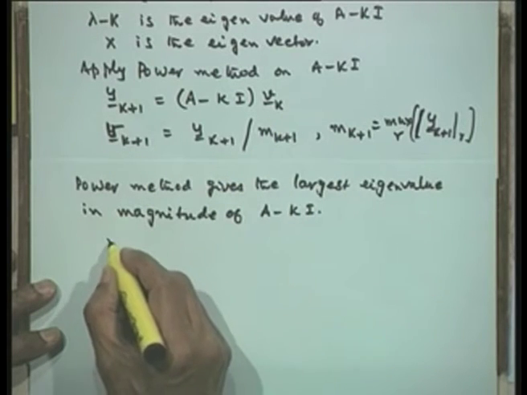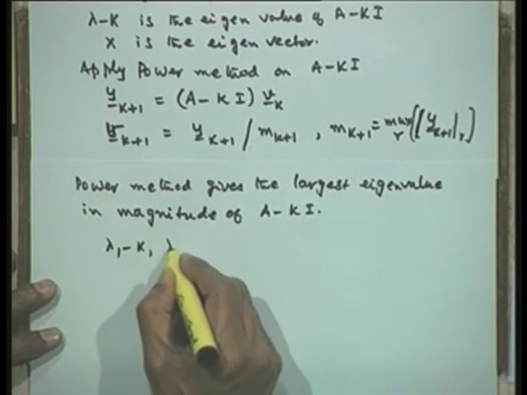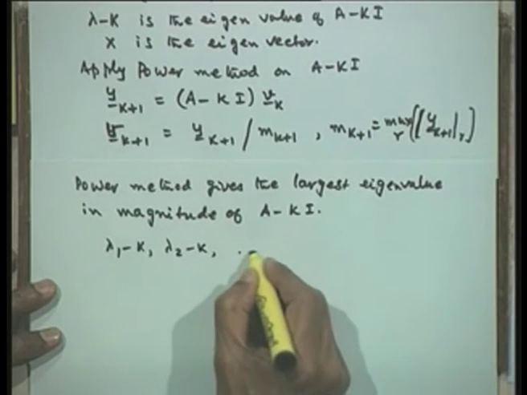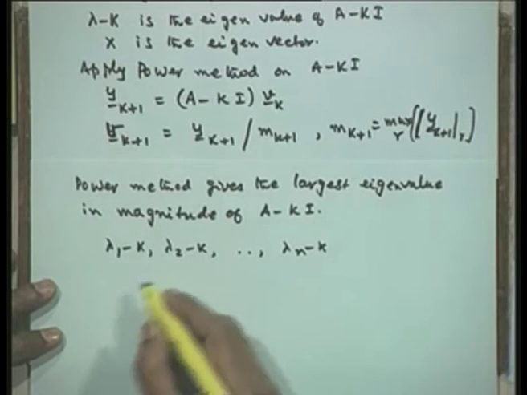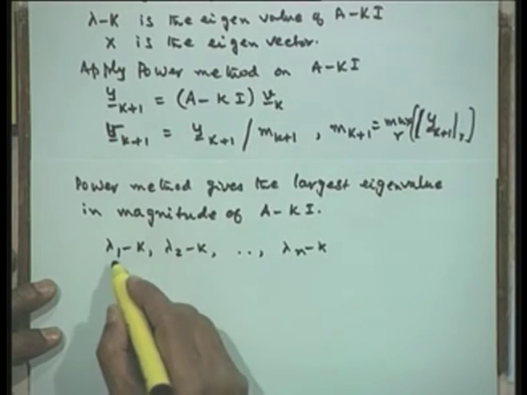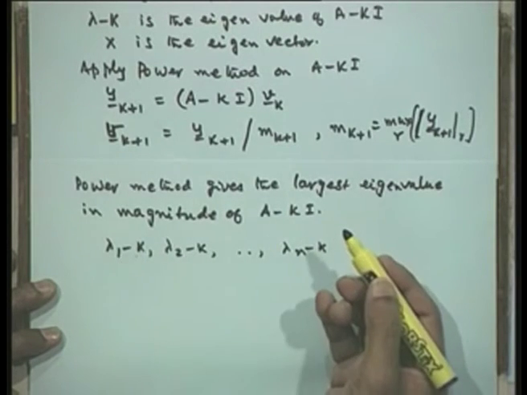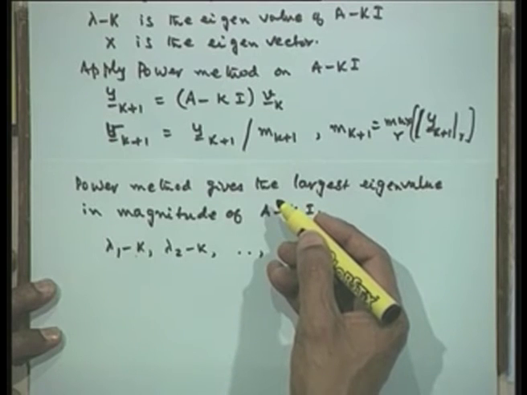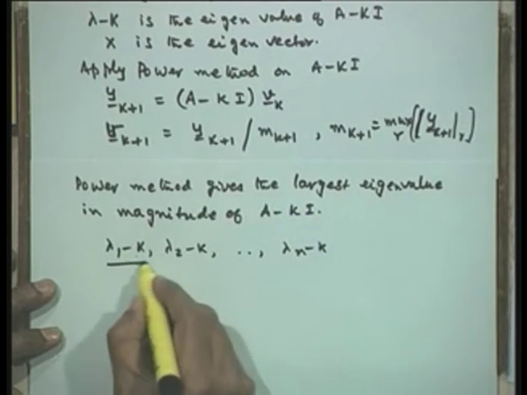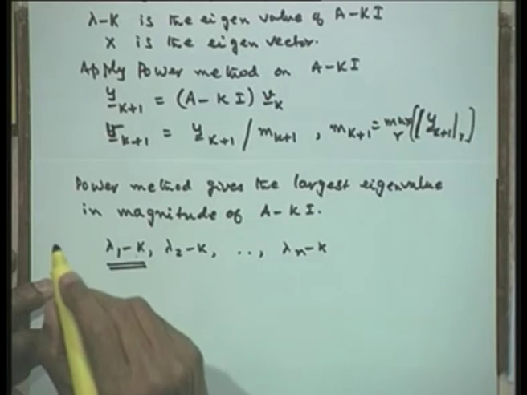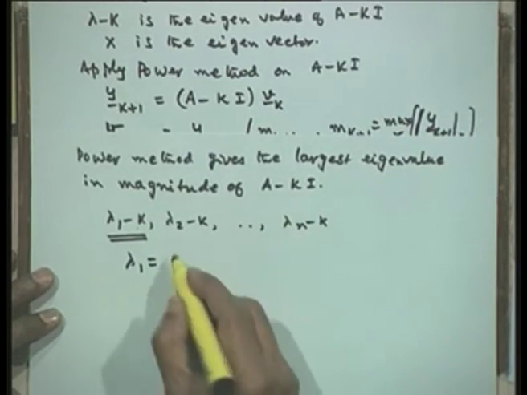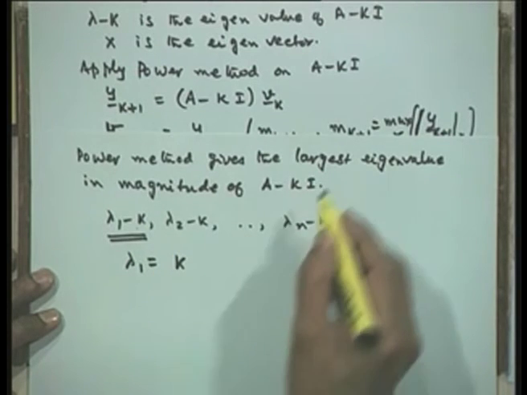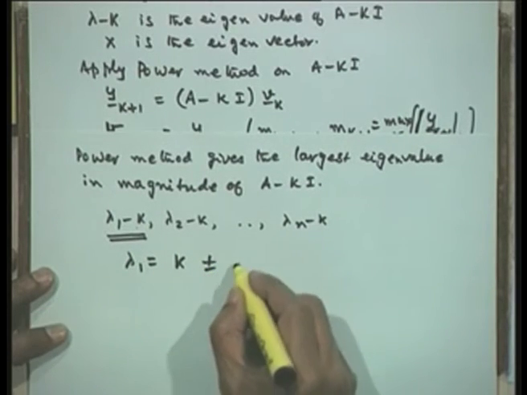The eigenvalues are now lambda 1 minus k, lambda 2 minus k, and so on up to lambda n minus k. Therefore, the original eigenvalues we get by taking k to the right hand side and adding it to this largest eigenvalue. Therefore, I can find the largest eigenvalue in magnitude of the original matrix as lambda 1 equal to k plus or minus mu, where mu is the value we got here.